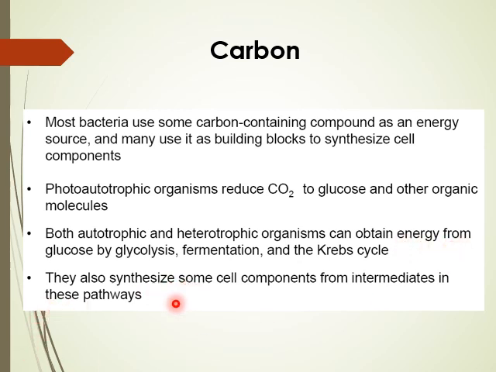They also synthesize some of the cell components from intermediates in the pathway. So they don't just produce energy from this metabolism. They can also use some of the other metabolites or components to proceed to other pathways.